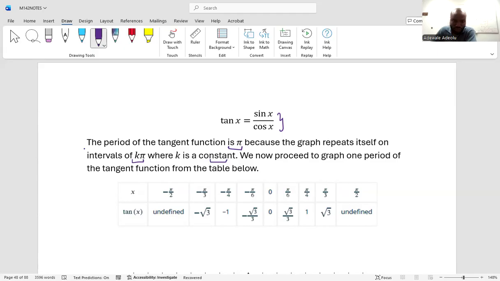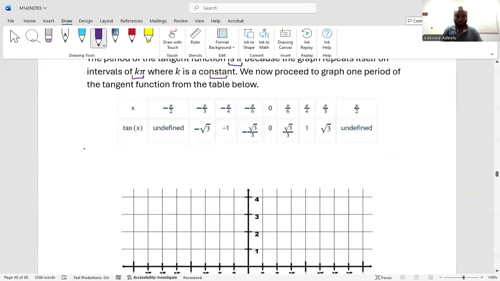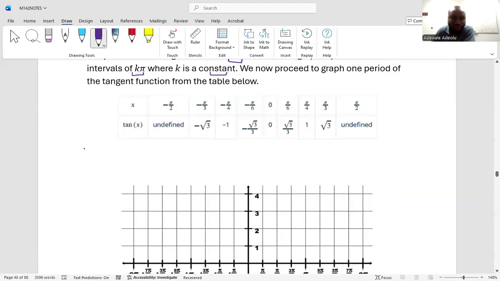To draw the graph of tangent, let us do exactly what we did with sine. Now, let me remind us some things. Again, we'll go back to the unit circle. I will make it bigger.